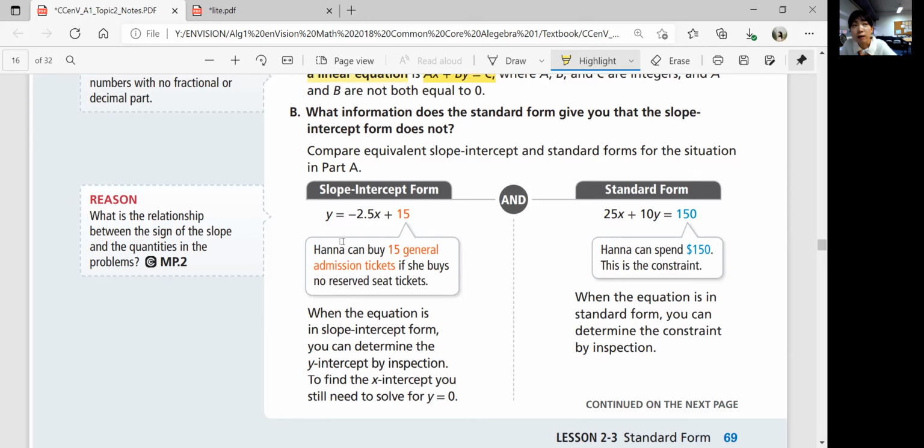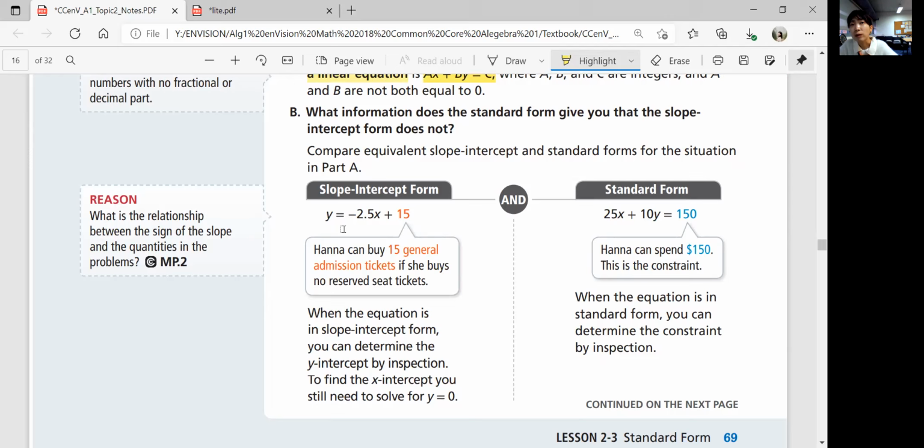So in slope-intercept form, you can take out the information that Hannah can buy 15 general admission tickets if she buys no reserved seat tickets. That's what the y-intercept means in this situation. If there's 0 for x, then y is 15. That's your y-intercept. So that's information that you can get from slope-intercept form.